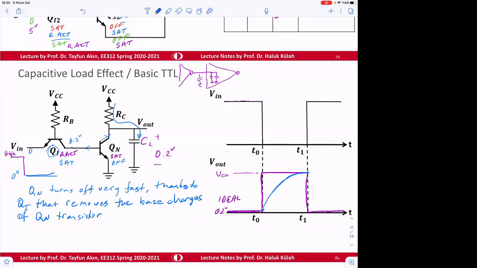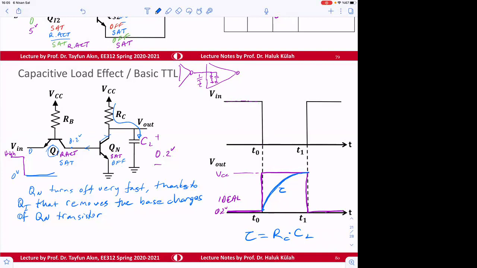You're right. So therefore, this is not like the ideal case. Okay, so this time constant tau will be equal to RC times CL. And then we say that maybe at 3 tau it reaches 5 volt. 3 tau or so.